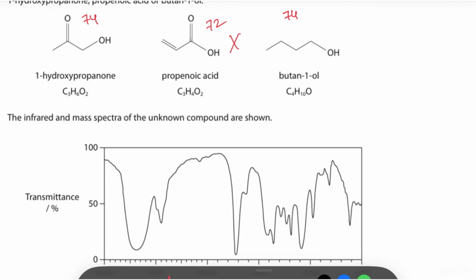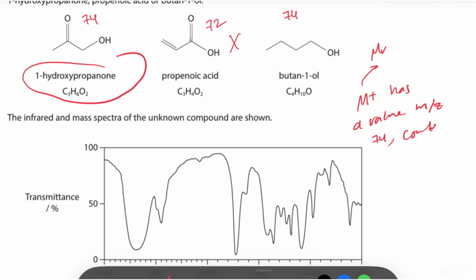How can I write the molar mass based on the spectrum? You should mention that M+, which refers to the molar mass of the compound, has an m/z, mass per charge ratio, of 74. So it could be hydroxypropanone or butan-1-ol, because they have the same one.